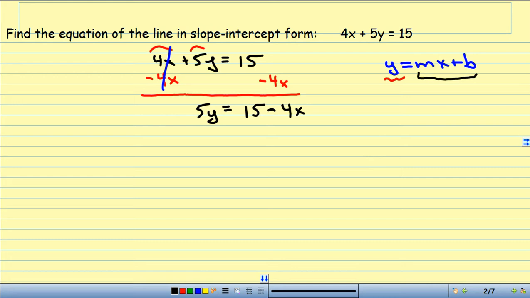The slope-intercept form has the x component first after the equal sign, then the number. So I'm going to take this and switch the minus 4x and the positive 15. So I got the minus 4x here plus 15. Now I need to still get y by itself. I got to get rid of this 5.